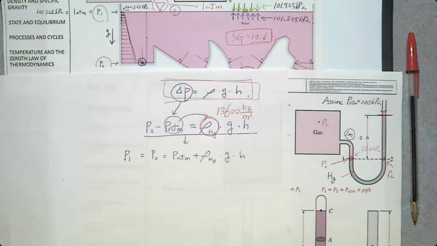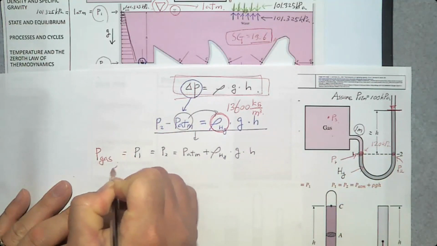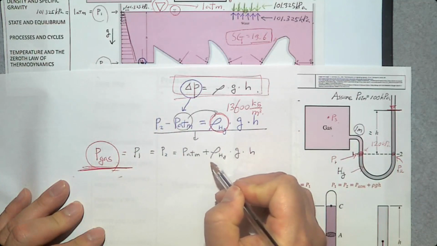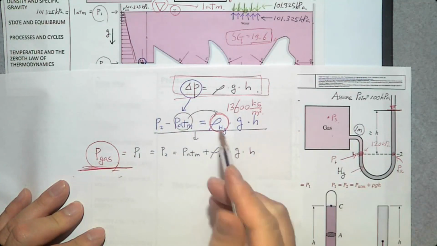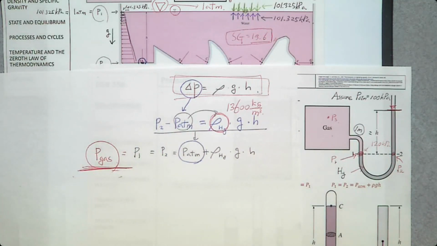So when we look at the interface between this gas and this liquid, we assume that the pressure there is the same as the pressure anywhere in this gas chamber. So the gas pressure is going to be P1, that is P of the gas. If you know the atmospheric pressure, you can calculate this gas pressure.